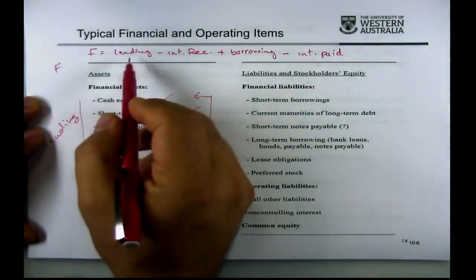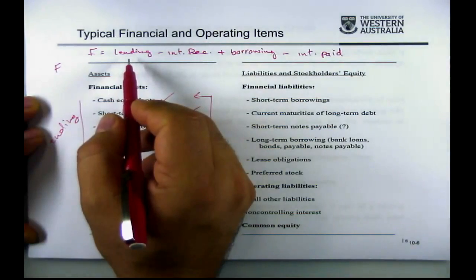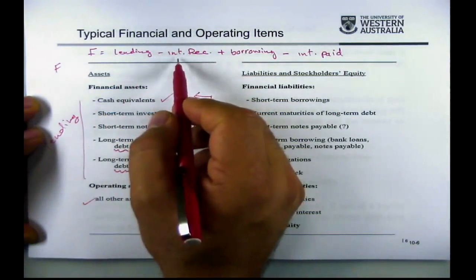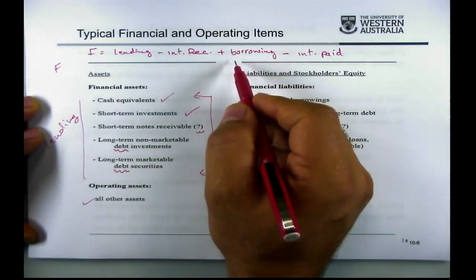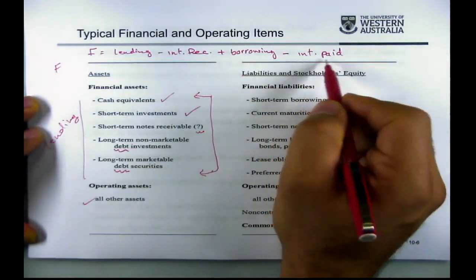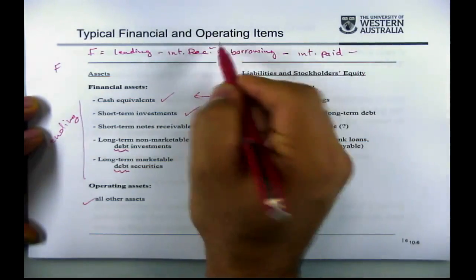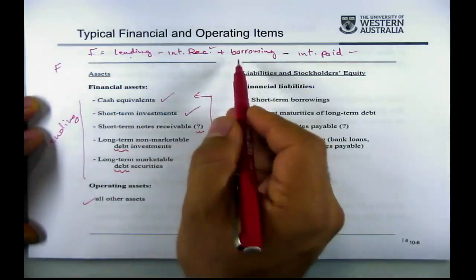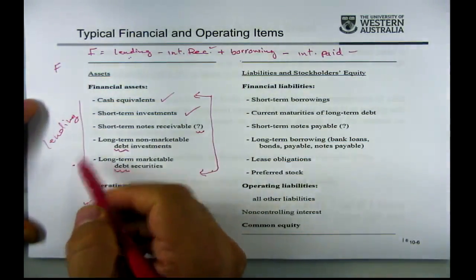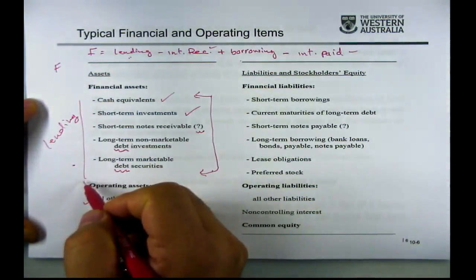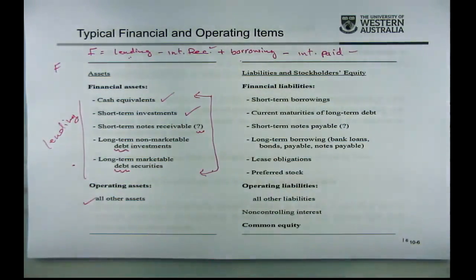We said that lending is the net purchase of financial assets. Interest received is very clear. Borrowing was formerly named the net amount raised. And interest paid is also clear. So what is the difference between lending and borrowing here, and the items on the balance sheet? The difference is that the items on the asset side are cumulative figures. They accumulate over the passage of time.